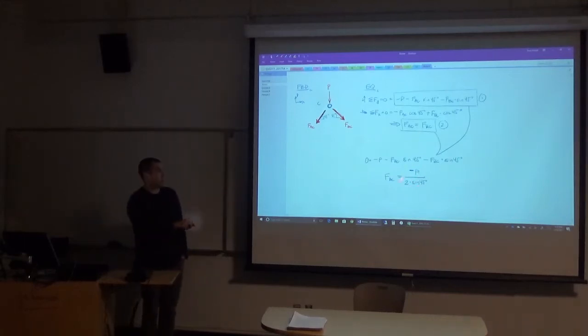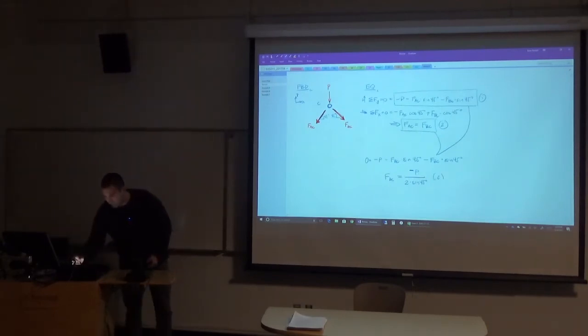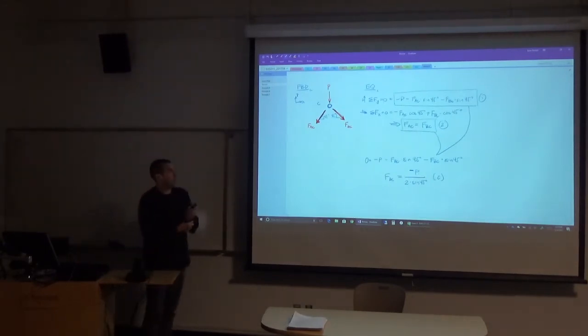I would get a negative value for FBC, which simply tells me that it is going to be in compression. If I got a positive value, I would know that it's in tension, because all the negative value is telling me is that, hey, you guessed the wrong direction.